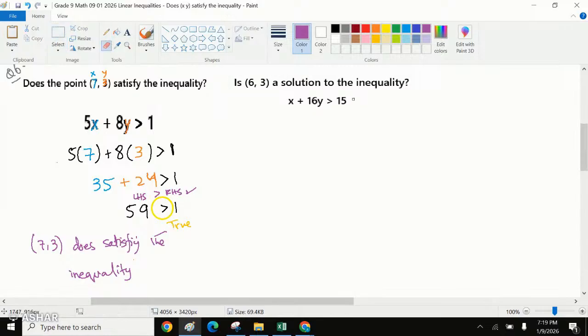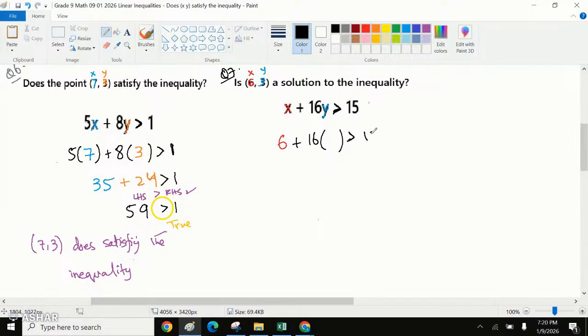The next question, question number 7, says the given point is 6 comma 3. That means the values of x and y are given. We need to show that this given point or the coordinate would satisfy the given inequality. Let's simply substitute. x plus 16 times y should be greater than 15, right?